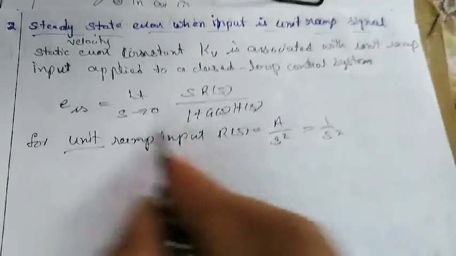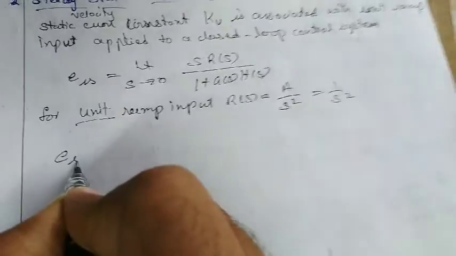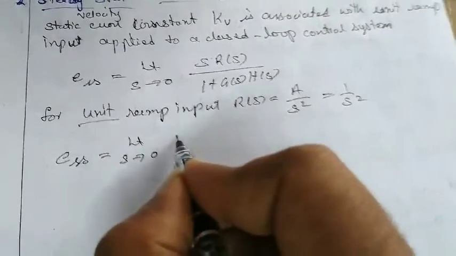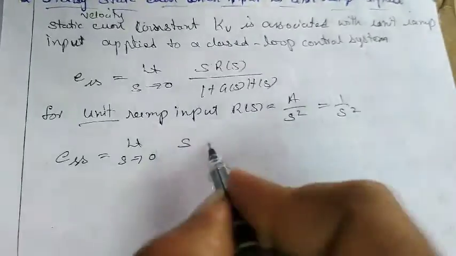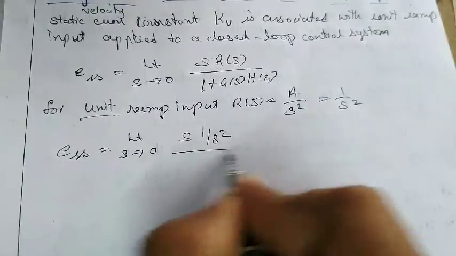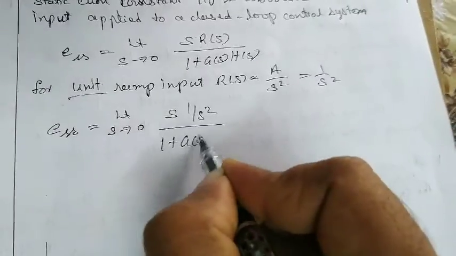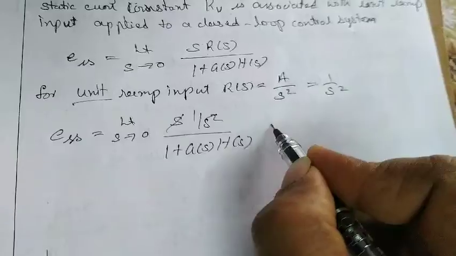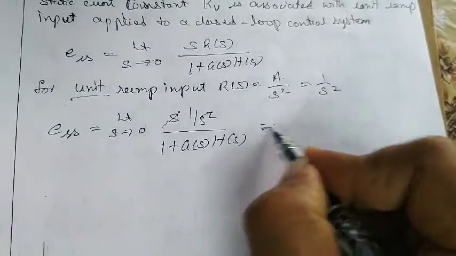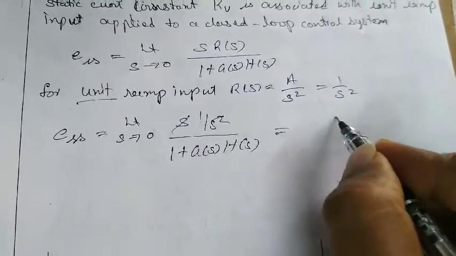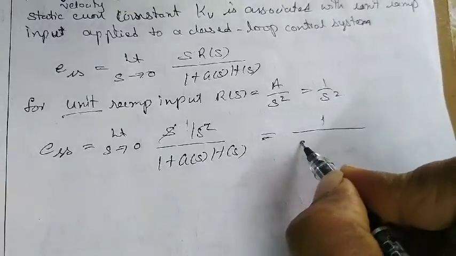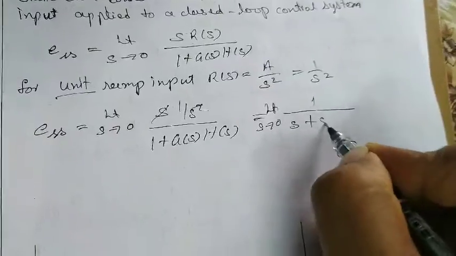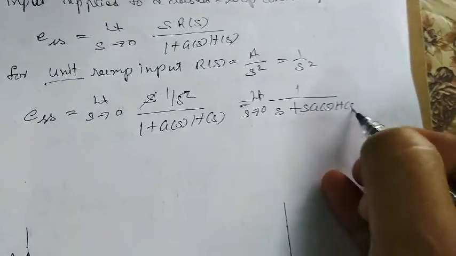Substituting this R(s) in ESS, ESS is equal to limit s tends to 0 of s into 1 by s square divided by 1 plus G(s)H(s). This s and this s get cancelled, so 1 by s remains. I'll write this as limit s tends to 0 of 1 by s plus s into G(s)H(s).